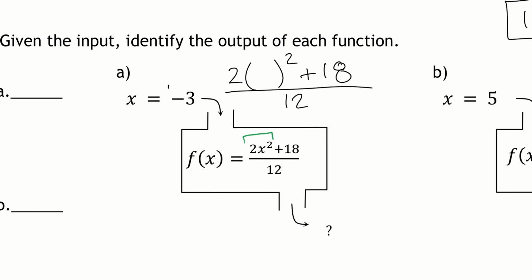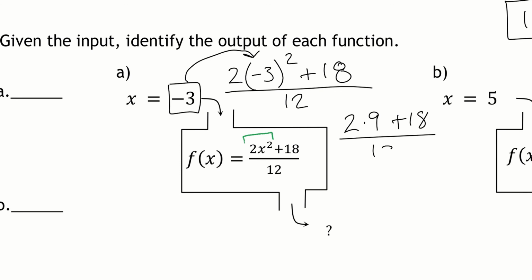So I am going to take, very intentionally, the number -3 and place it into this function. And when I look at this, I recognize that I'm not going to multiply 2 times -3. I need to square -3 first. And squaring -3 involves multiplying it by itself. -3 times -3 is +9, so this is going to become 2 times 9 plus 18 over 12.